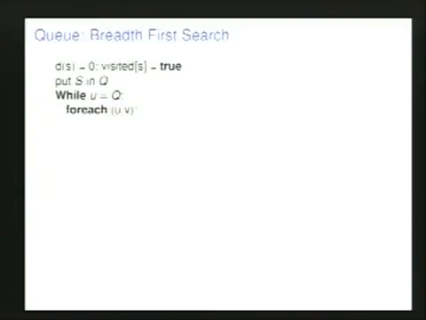For each outgoing arc from U to V, if visited of V is false, we set visited of V to true. We've now visited this node V. And we set distance of V to distance of U plus 1, because we're processing a node at some distance, and for each of its neighbors we say, you're 1 higher if you don't already have a distance.